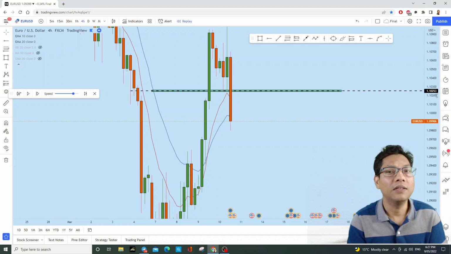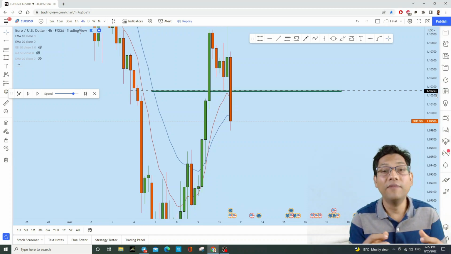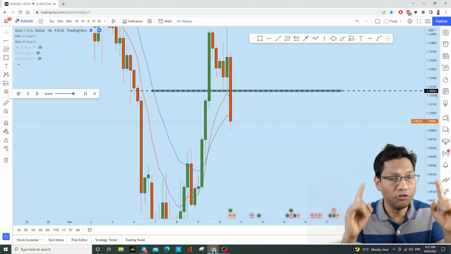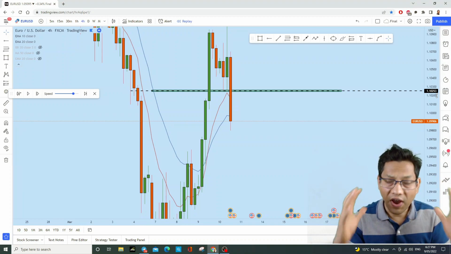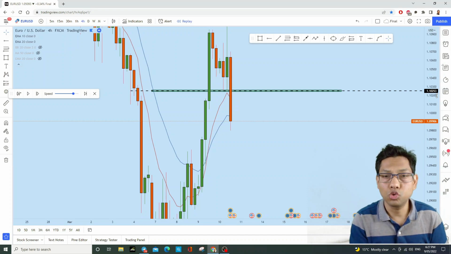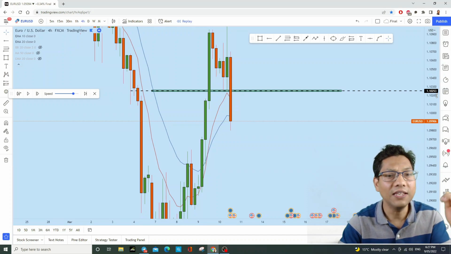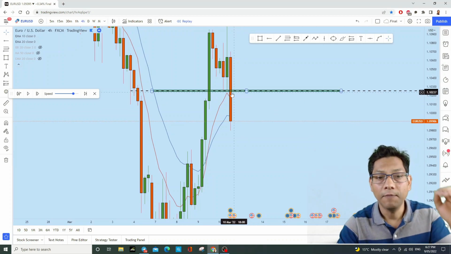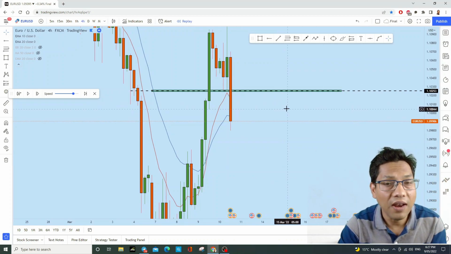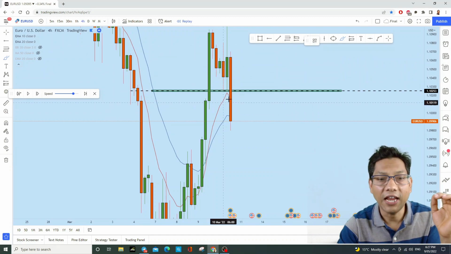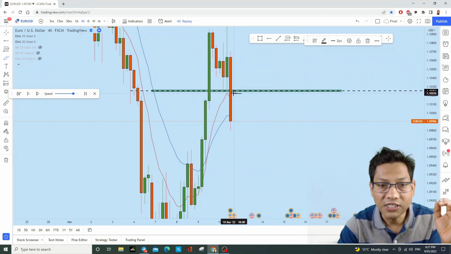Keep in mind, the reason is because you have a swap or a spread. This is what you need to keep in mind. That's why you need to find out how many pips swap or spread you have. If you don't want to calculate exactly, then at least a couple of pips below this area of value will give you the right place to place a pending order.